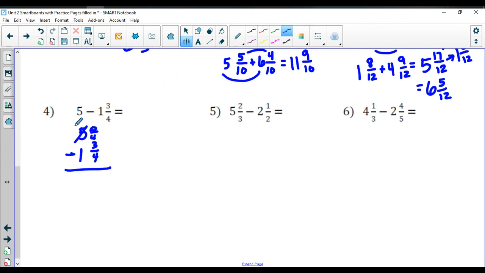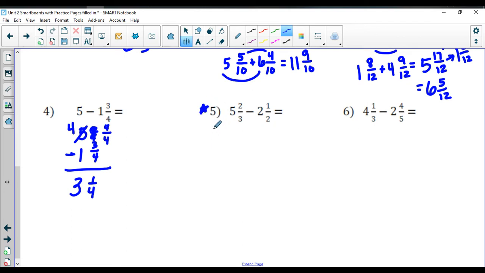So I'm going to have to borrow from my 5. That's going to become a 4. And I'm borrowing 1 whole. 1 with a denominator of 4 would be 4/4. So I'm going to cancel out that 0/4 there. Now, 4 minus 1 is 3. 4/4 minus 3/4 is 1/4. And that's my answer.